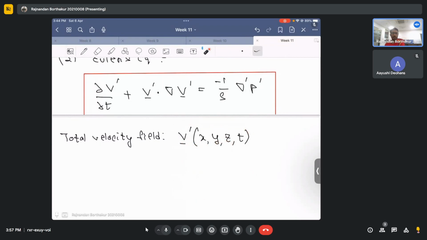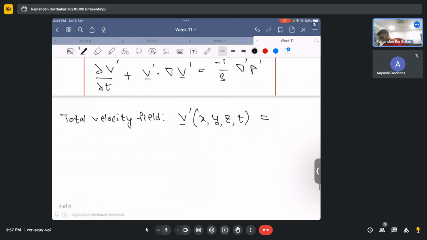So the total variable V prime is a function of the coordinates as well as time, and it can be decomposed into the base flow, this U prime, which is a function of z only, plus the perturbations, small v, which are a function of space and time.